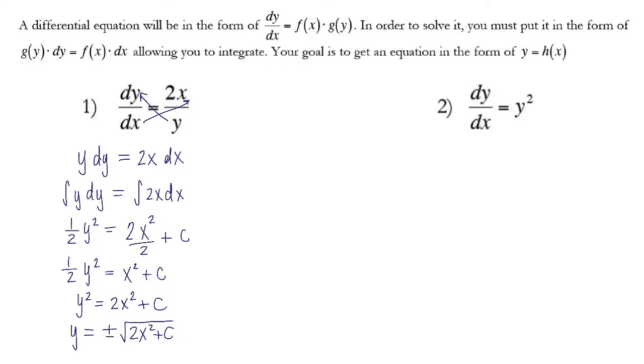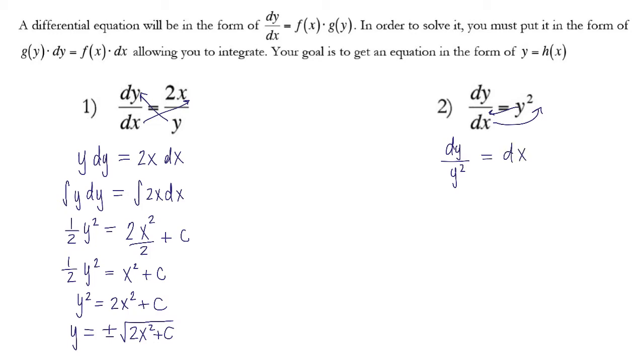Okay, so here for number 2, same process again, not going to change. So we will do some separation of variables. It looks like our dx will need to come over here, but our y squared would need to go in the denominator. So we would have dy over y squared equals dx.